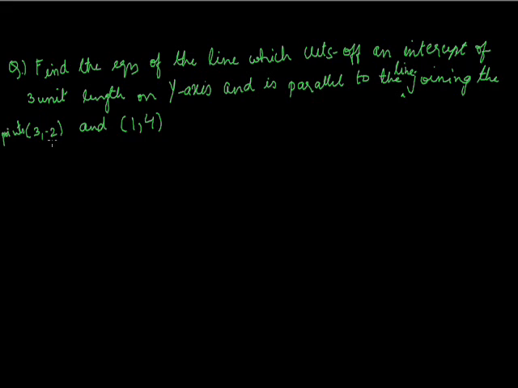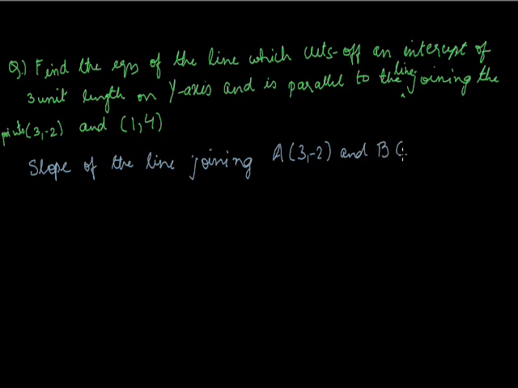So the slope of the line joining these two coordinates, let's say A as (3, -2) and B as (1, 4), let that be M. Then M is equal to, I know the formula to calculate the slope of the line when two coordinates (x1, y1) and (x2, y2) are given. M is (y2 minus y1) upon (x2 minus x1). I'll use the same formula over here.